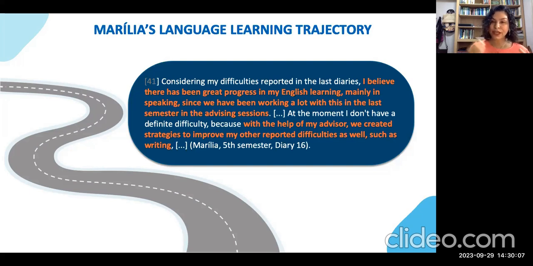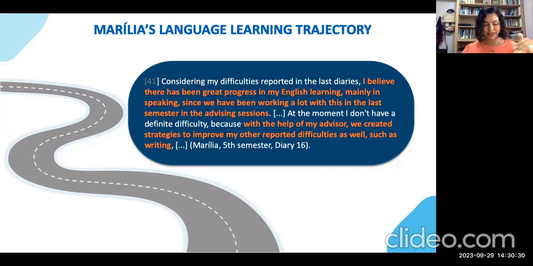As she said, with the help of her advisor, she starts to use new, appropriate strategies to improve her skills. So we notice here in the other diaries that she wrote at that period the emergence of new autonomy behaviors. So she feels confident now.